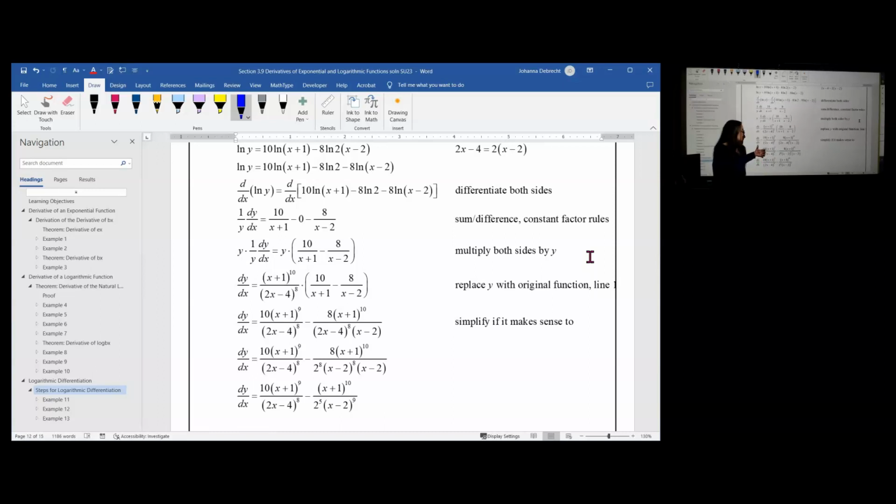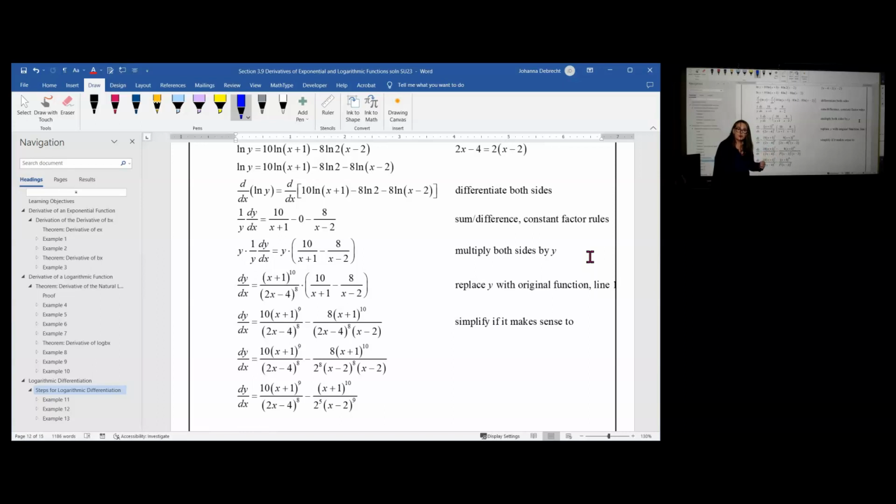So what I did instead was I combined different terms here and I rewrote them so that I could get common denominators. Now, when I did this, I continued working and notice at some point, I took the 2 that was a common factor in the 2x minus 4 to the 8th power out of that power.